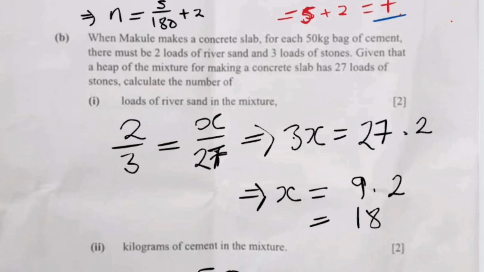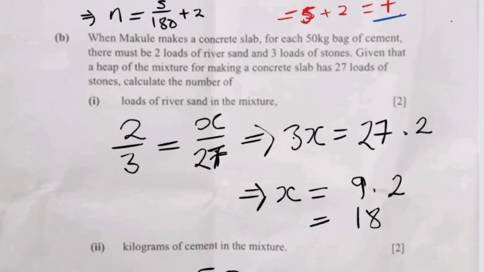So we have 2 loads of river sand and 3 loads of stones. So that is 2 over 3 is just the same as x, the number of loads of river sand, divided by the number of loads of stones. So that is 2 over 3 will be equal to some number x over 27, because this is a ratio. The idea is very simple.